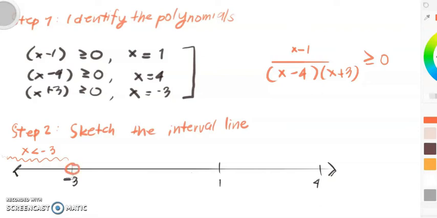Okay? So for the right side of negative 3, we have x values found between negative 3 and 1. So we have x greater than negative 3, but less than or equal to 1. We want to include 1 in our possible values of x.